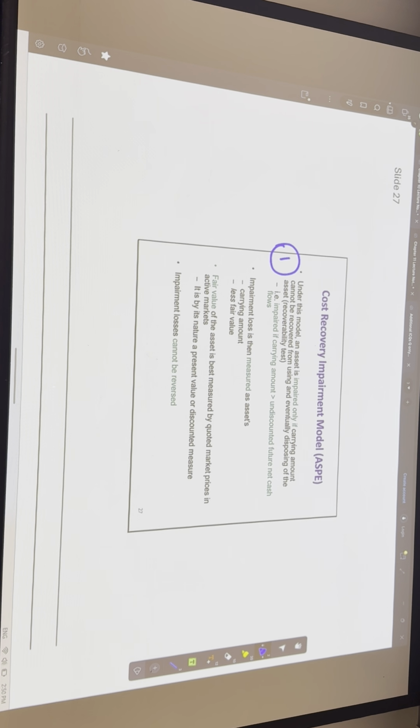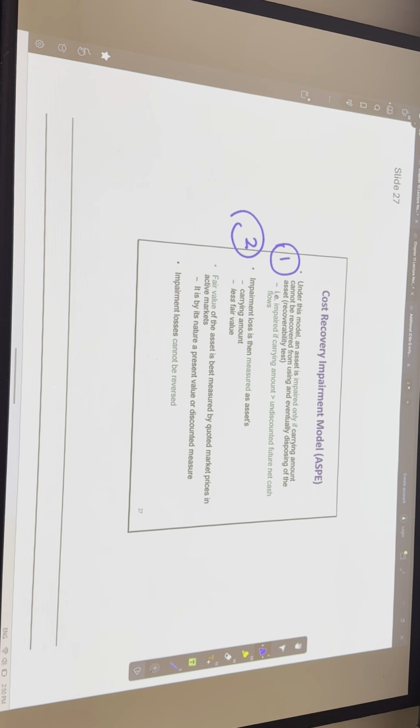When you compare the two, if the carrying value is greater, then you need to do step 2. Step 2 is only if the carrying value is greater than the undiscounted cash flow. By the way, if that's not the case, you stop the test. Even though there are indicators, you say, no, we're good, we can recover it through future cash flow.